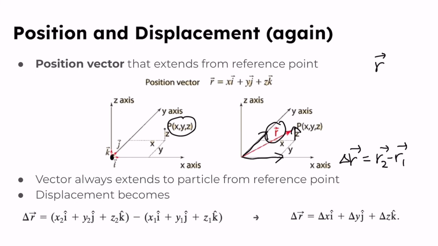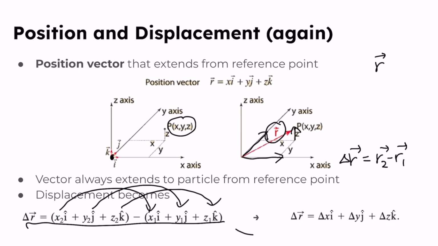The displacement can then be written in unit vector notation because we can subtract each component from its other component, and this will give us this in unit vector notation.